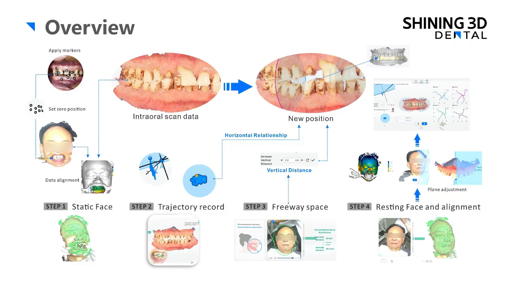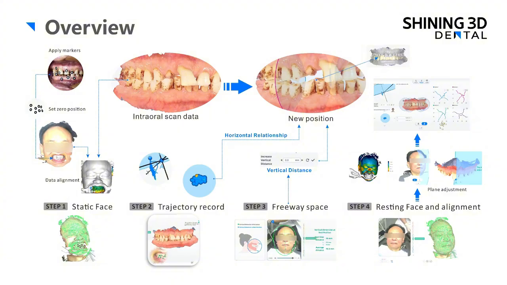Then we will do alignment between the imported intraoral scan data and the static face scan data. Once the alignment is done, we can go to the second step, that is the trajectory record. We will ask the patient to do over 30 small closing and opening movements to record the trajectories and then set the horizontal relationship for this patient.